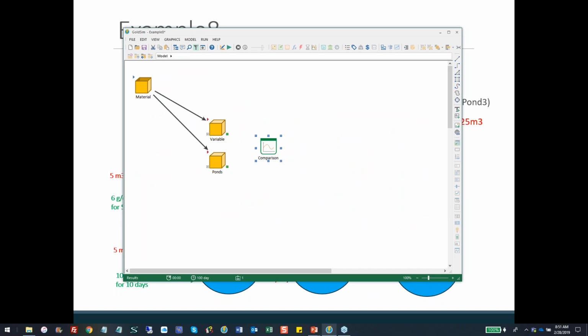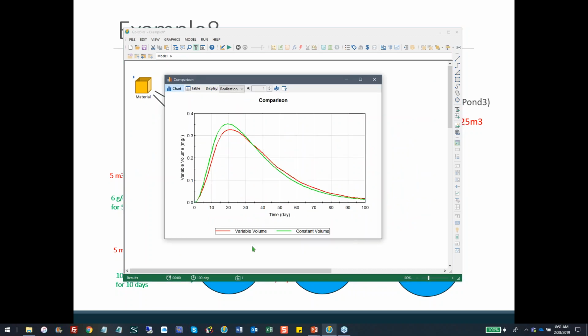They look like this. So here's a comparison between those two. I'm not going to get exactly the same result anymore because my volume is changing, my flow rates are changing. Slightly different result in the case where my volume is actually changing as a function of time.